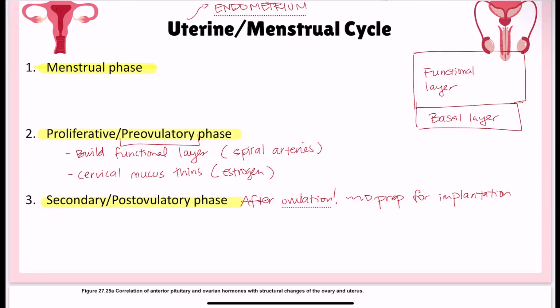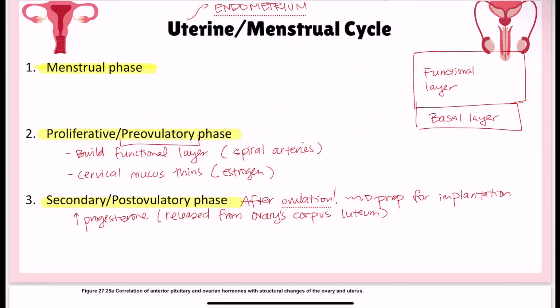There's a lot of progesterone from the corpus luteum that's being released from the ovary. So lots of progesterone released from the ovaries, the corpus luteum.